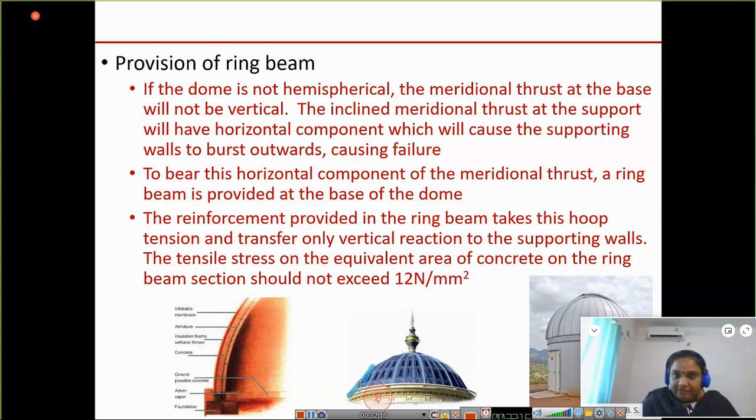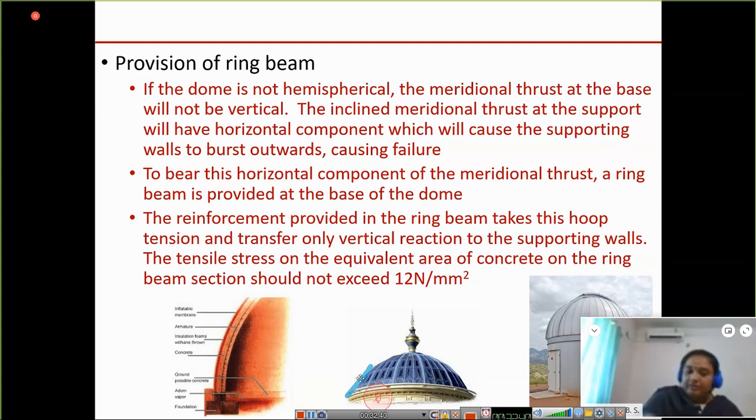One second. I'm not able to draw it. So here we will have a horizontal component like this, and a vertical component like this.